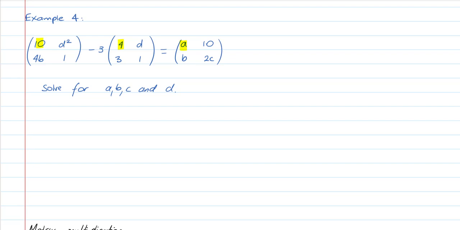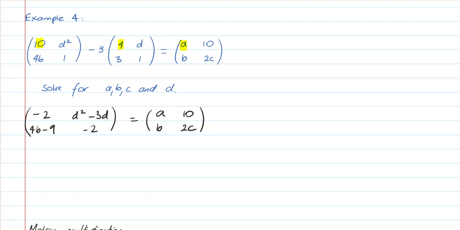So when I simplify this, I get 10 minus 3 times 4 is negative 2. And then I get d squared minus 3d, whatever that is. And then I get 4b minus 9. And then I get 1 minus 3. And that's equal to A, 10, B and 2c.